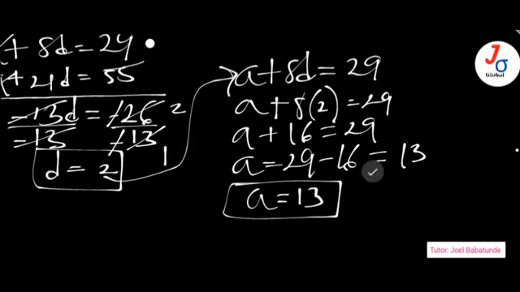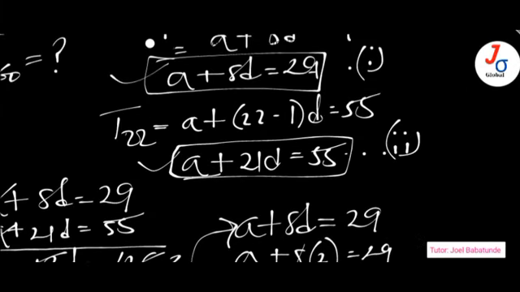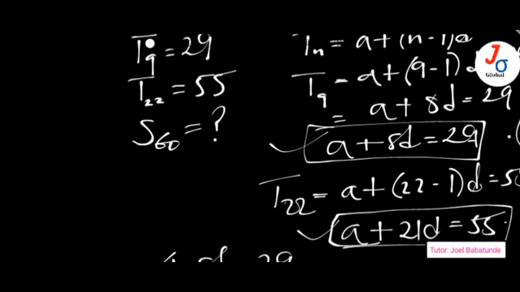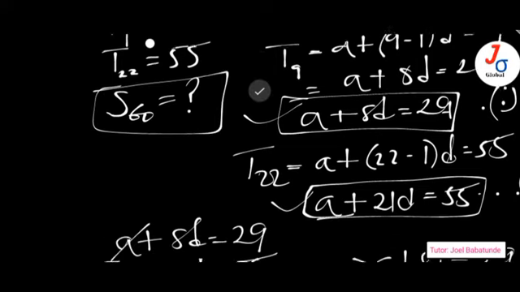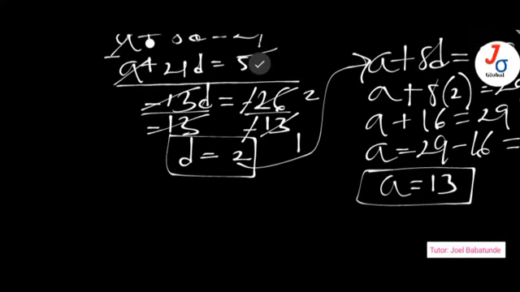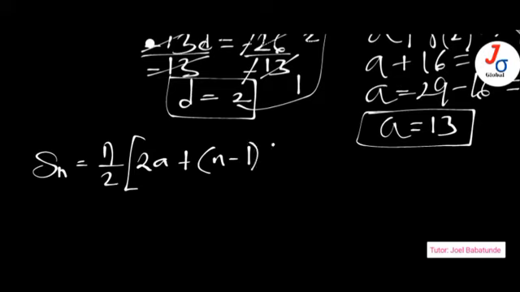Okay, so I have my a and I have my d. What am I asked to find exactly? I'm asked to find S60, the sum of the first 60 terms. Remember that Sn equals n over 2 times (2a plus (n minus 1)d).